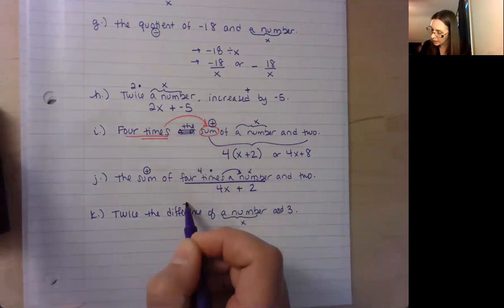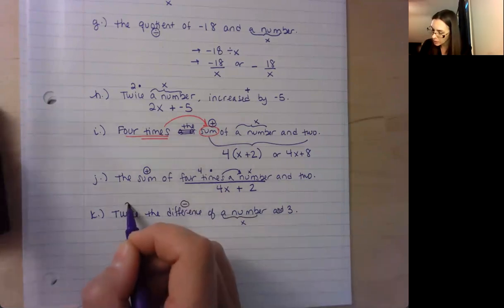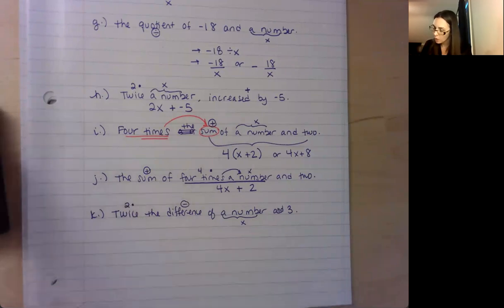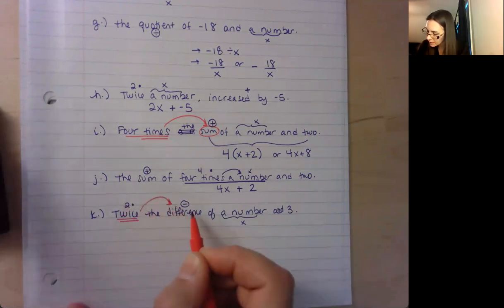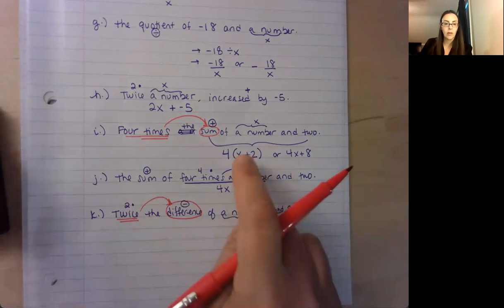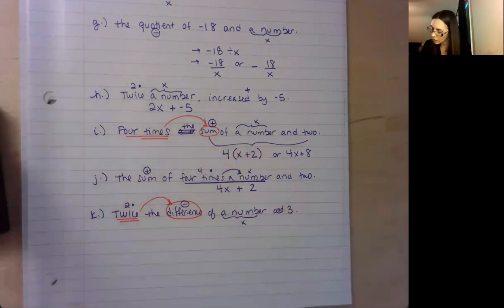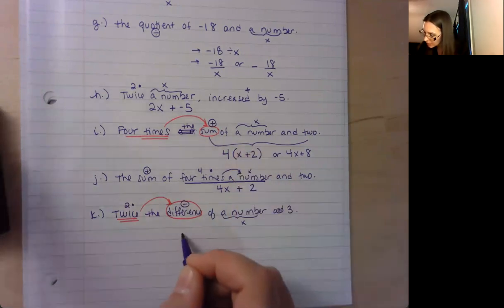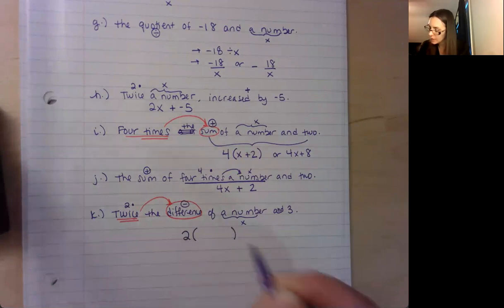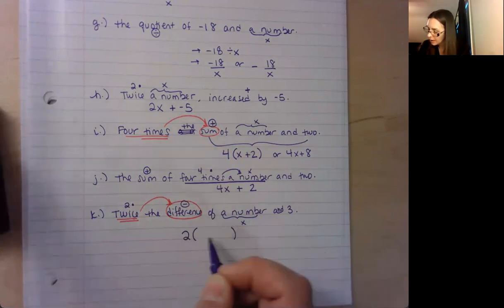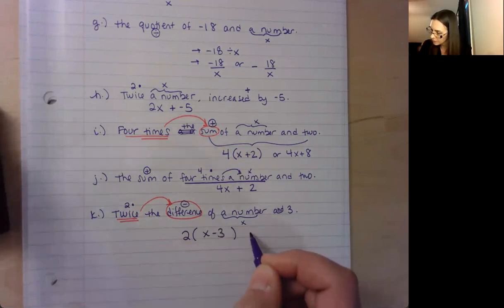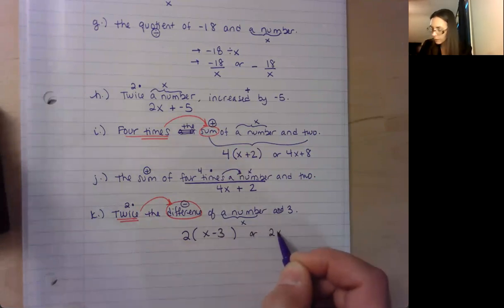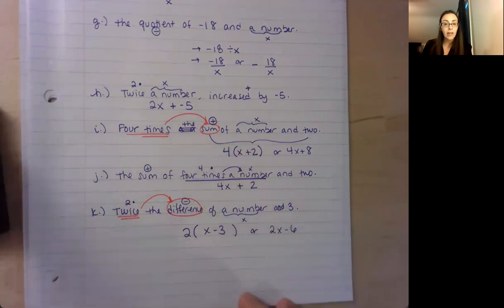Difference refers to subtraction, and twice means 2 times. So you want to be careful here. We're doing twice, not a number now, twice the difference. So this is going to be similar to this one here. So you're doing 2 times the whole difference. So the difference is a number and 3. If you need to distribute to simplify, you could do that too.